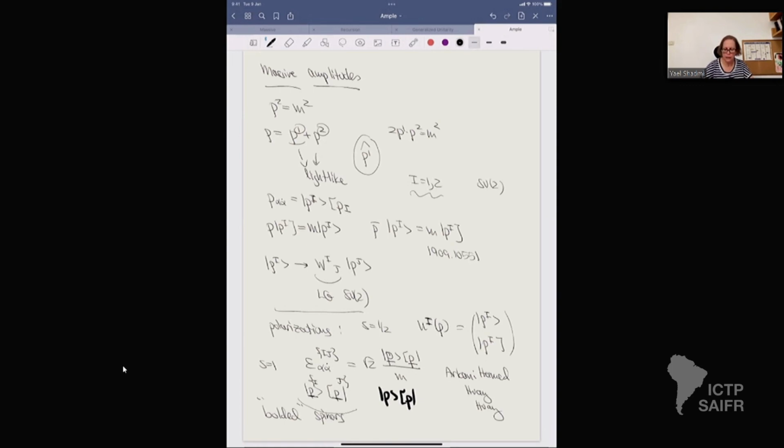And just to distinguish between massive and massless variables, I'll also use this bolded or underlined notation for momenta, not just for spinors. So whenever I have a massive momentum, I'm going to distinguish it by bolding or underlining.